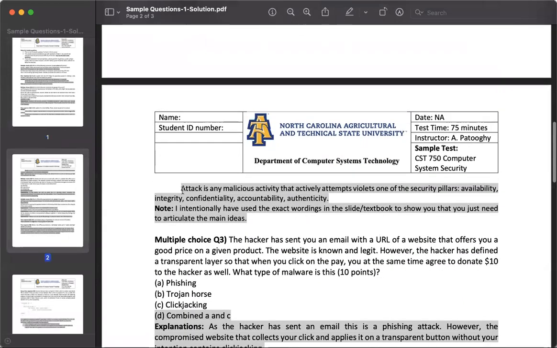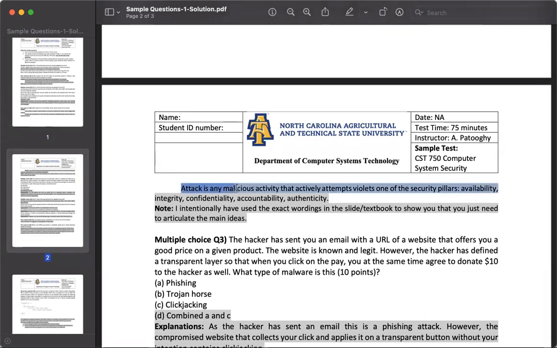And eventually we have the attack, which is when the threat is actually realized, and you physically lost some of your items. When I say physically, I don't mean physical. I mean you literally lost some of your assets, or you literally violated some of your security pillars: confidentiality, integrity, or availability.